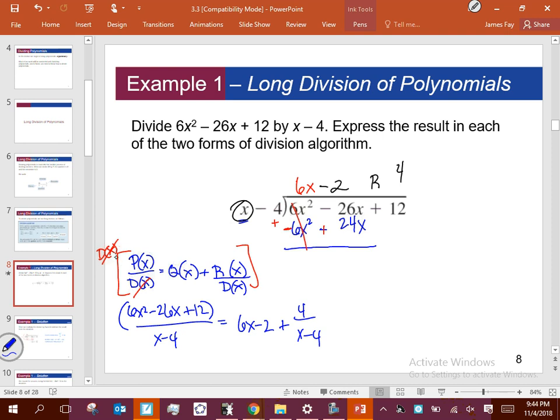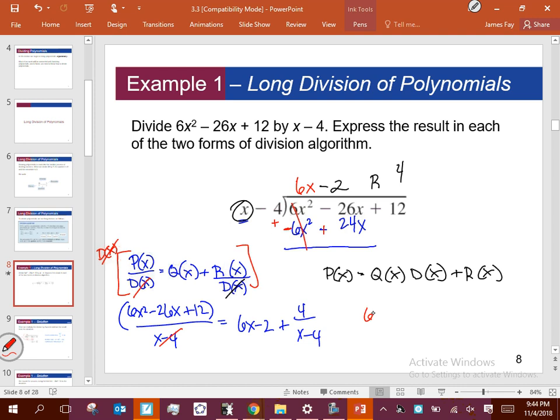I'll have my p of x is equal to my quotient, q of x, times my divisor, d of x, plus my remainder. Once I have this, if I multiply everything by x minus 4, the x minus 4 will cancel here.